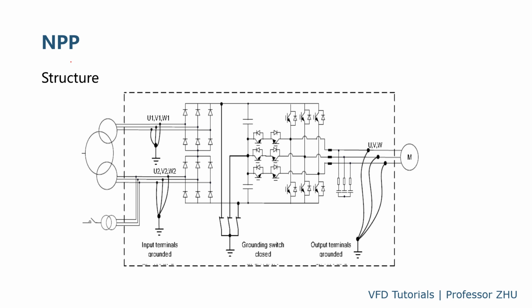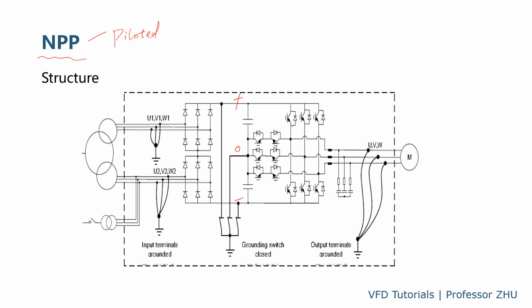And this is another 3-level drive. It's called NPP, neutral point piloted. That means the neutral point can be controlled. The rectifier is the same, diode rectifier, and capacitor plus, minus, neutral 0, and the topology is a little bit different.